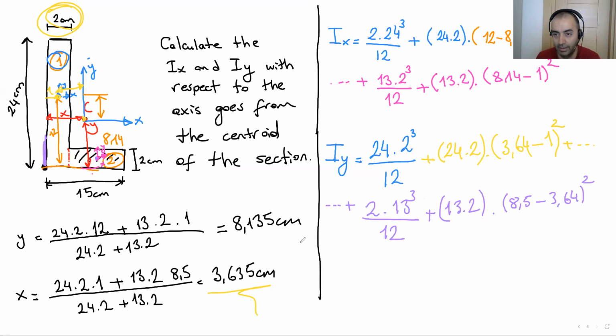Okay, this is the Iy. So we can get the results here and here. Let me calculate. I don't have the results, that's why I will do it with you here. Actually, you can do it yourself.